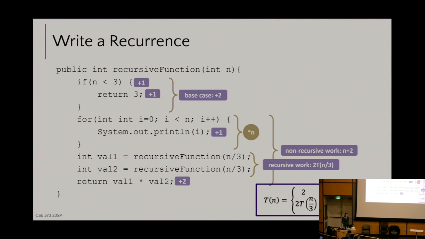Yes, please. You're right. There should be a plus 2 on there. Absolutely. It should be n plus 2 is what that should say. You're absolutely right. Yes? I'm wondering why we can just add the recursive part to the non-recursive part.